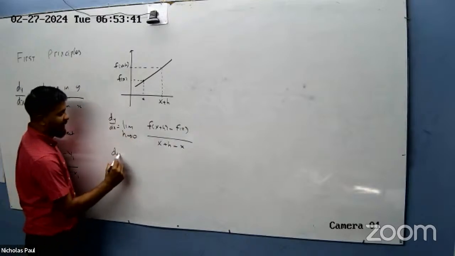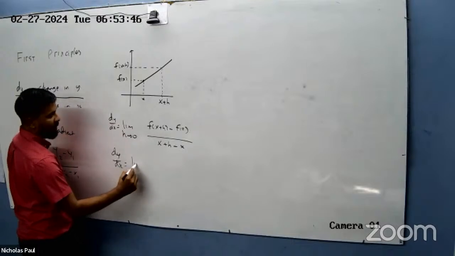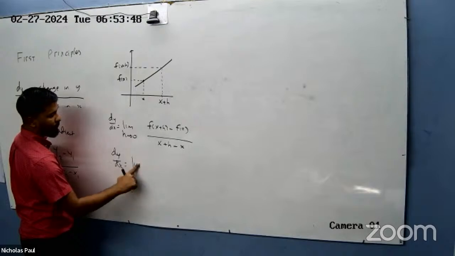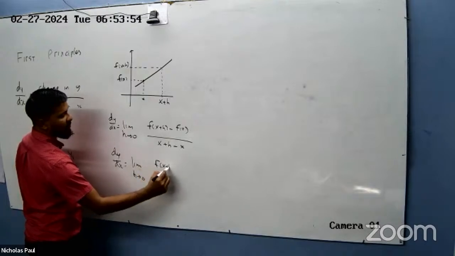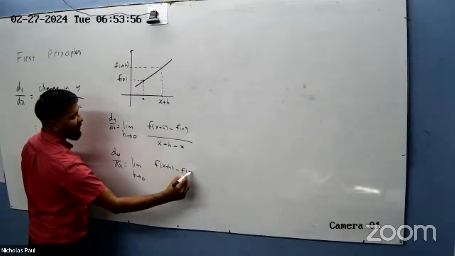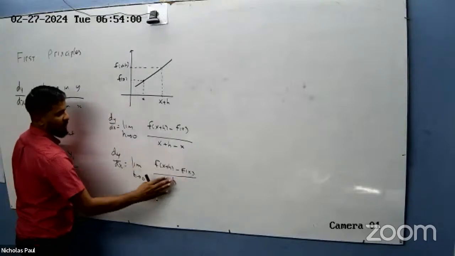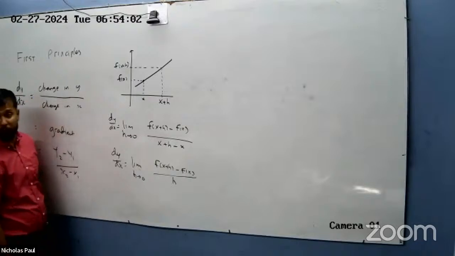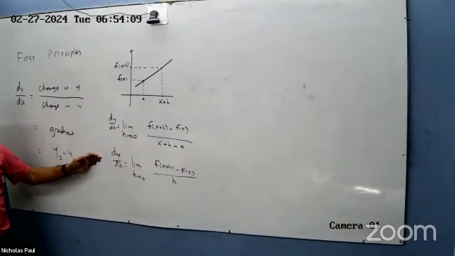So dy dx is really the limit as h approaches 0 of f of x plus h minus f of x all over h. So you want to see how this function behaves as h approaches 0. That is the differential. So this is the formula for first principles.